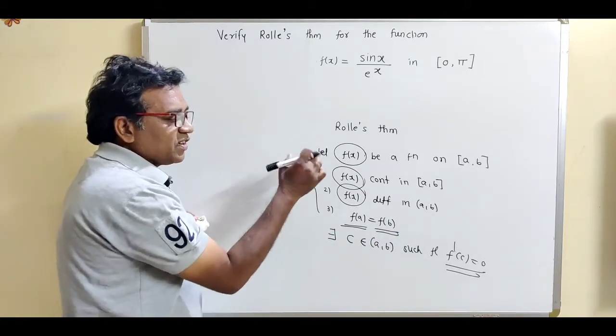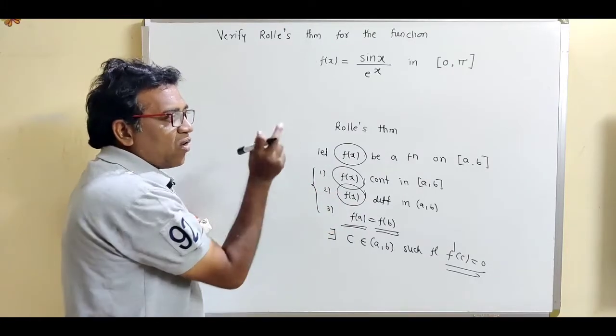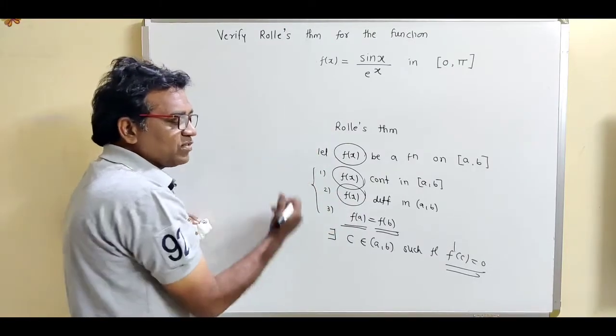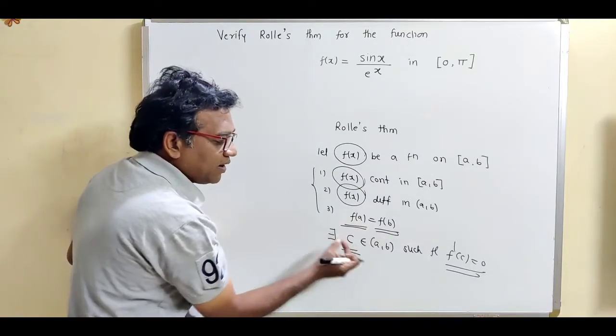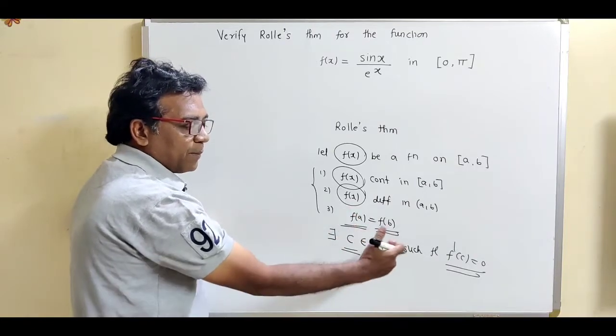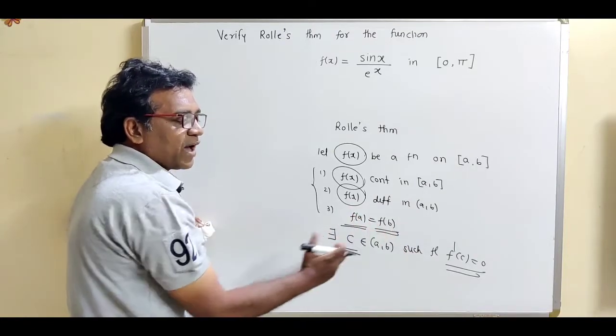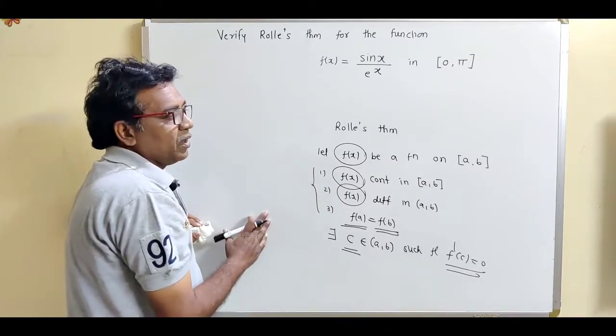If f(x) satisfies these three conditions, then according to Rolle's theorem, we can find at least one point c belonging to the open interval (a, b) by solving the condition f'(c) = 0. That is the statement of Rolle's theorem.